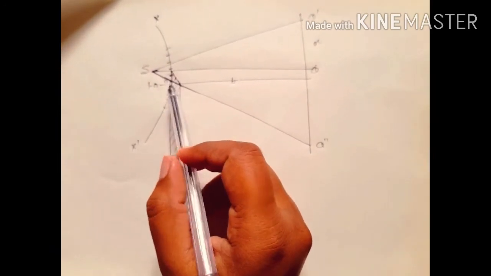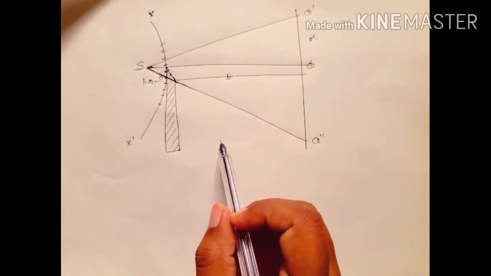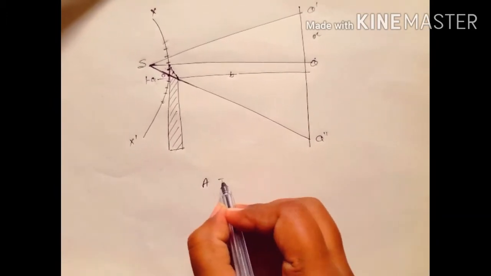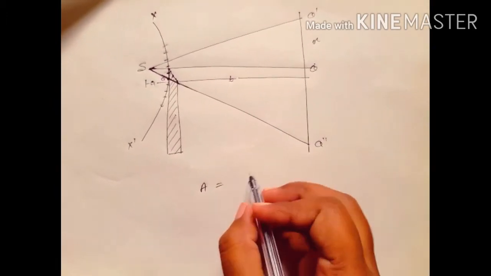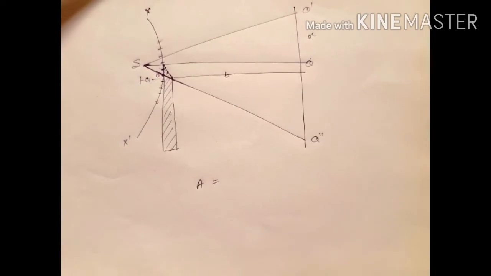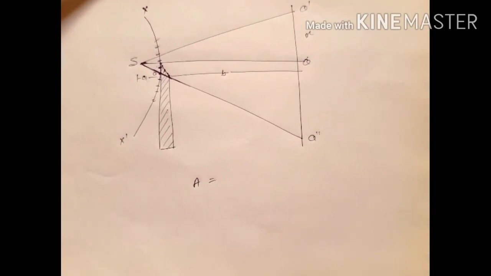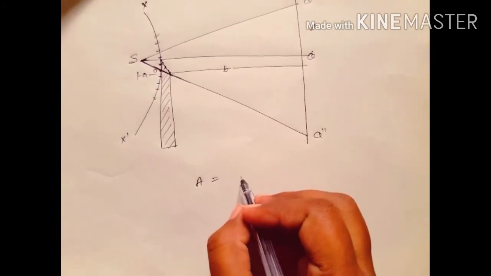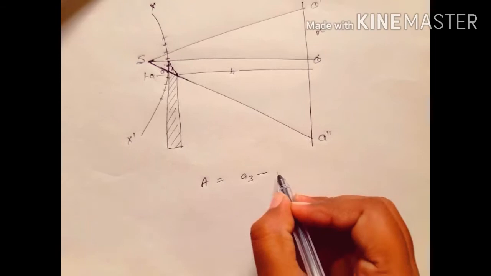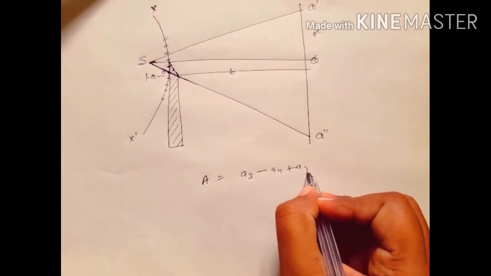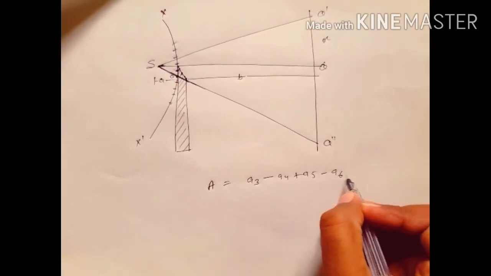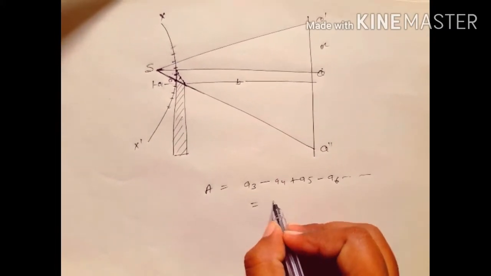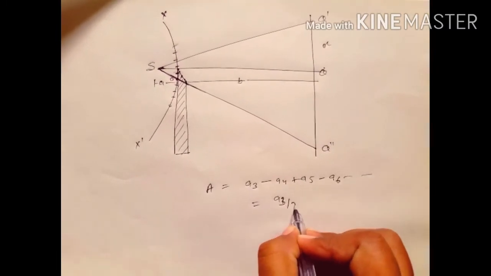Then the effective amplitude at this point is, suppose this is A, the first and second half period zones are cut off by this obstacle, then the remaining half period zones give A3 minus A4 plus A5 minus A6 and so on. The resultant amplitude is A3 by 2.